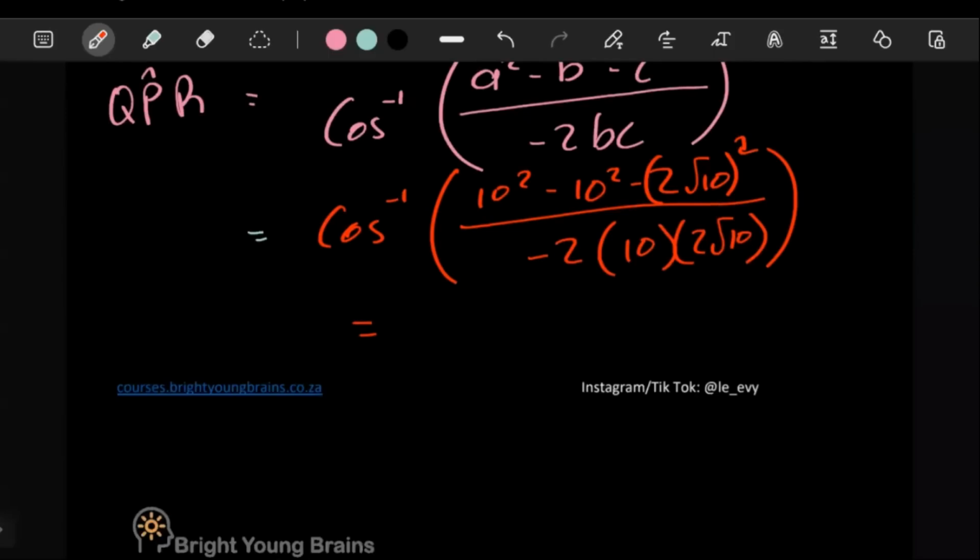What's this one now? Minus 2, 10, 2 square root of 10. Then we have close bracket. 71.57. That's good. 71.57. That's the way we like it.